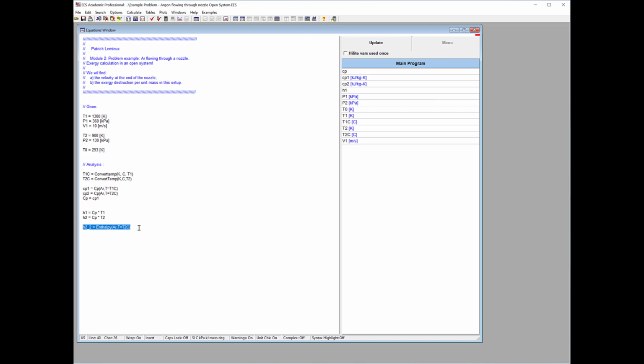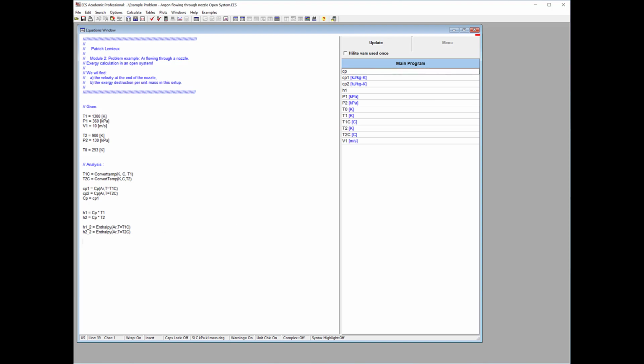I'm going to repeat this here for state 1. H1, 2. So I've got two H1s and two H2s. Okay, and we'll see what that gives us. We can talk about that later.